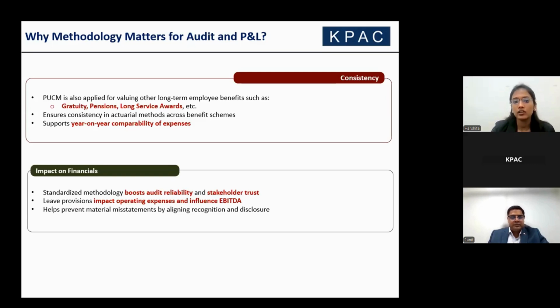So, incorrect or underestimated leave provisions can directly impact the operating expenses, and it also influences the EBITDA, which paints a misleading picture of profitability. So, accurate valuation helps prevent these issues by aligning recognition and disclosure with accounting standards, ensuring a true and fair view of the company's financial health.